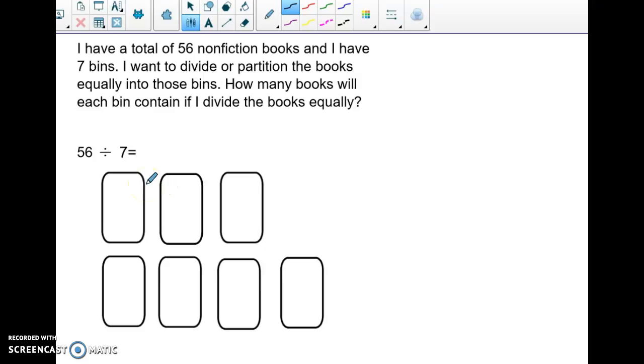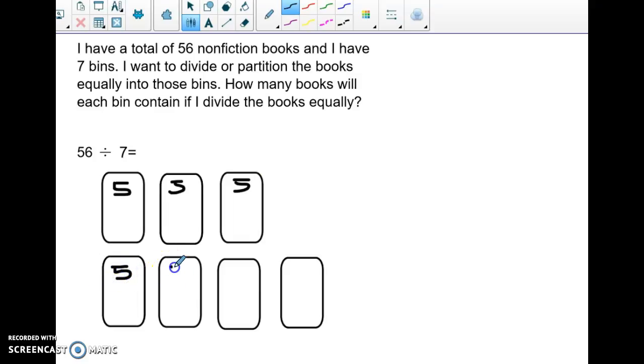So I might just go somewhere in the middle and partition by 5s just to see. So I'm going to write 5s in each bin. And it's not going to look perfect because I'm using my marker on the computer. So that's 5, and then another 5, that's 10, another 5, that's 15, another 5, that's 20.